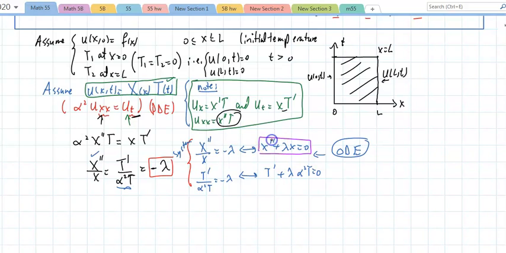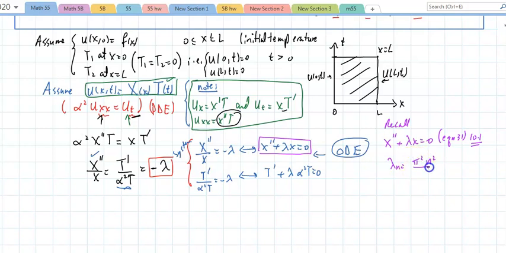Now, if I look at this piece, that should look familiar to you. X double prime plus lambda X equals 0. Recall that we did this back in the days. We worked that out already. This is equation 31 in section 10.1. When we solved this, we got lambda sub n to be pi squared n squared over L squared.